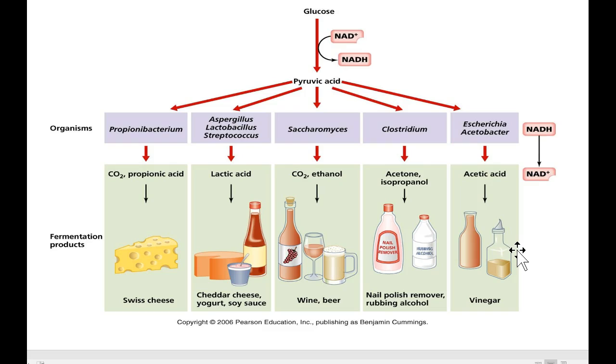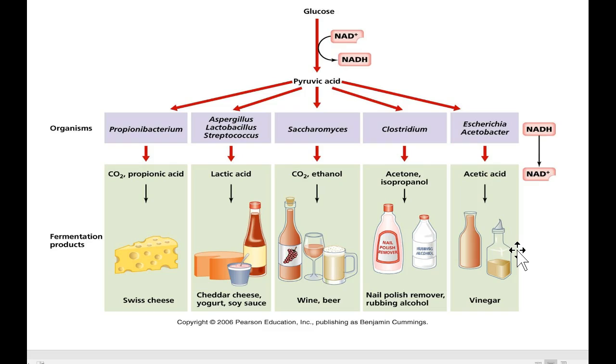And remember, we had coenzymes working. If we just change what we're using to work and where it's working, we're going to get a different product. So if we're working in an organism that is a bacteria, we could get Swiss cheese. And that bacteria is propionibacteria.